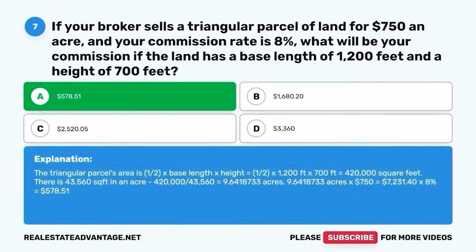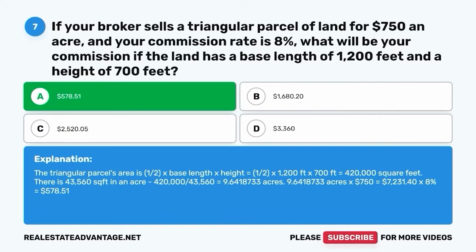$578.51. The triangular parcel's area is 1/2 times base length times height, which equals 1/2 times 1,200 feet times 700 feet equals 420,000 square feet.